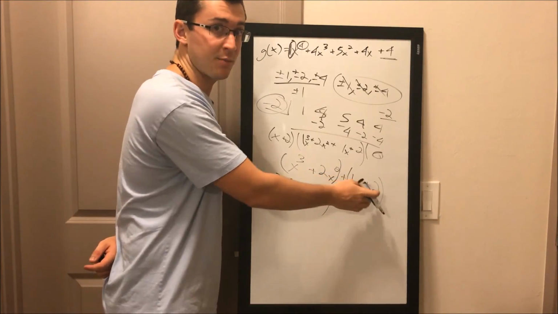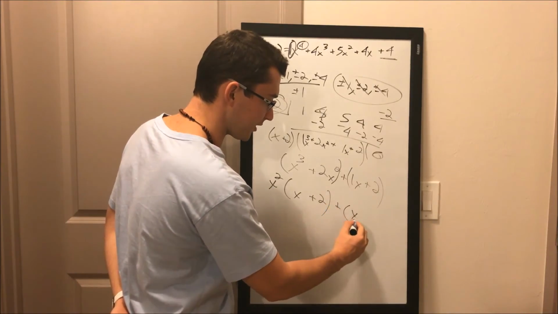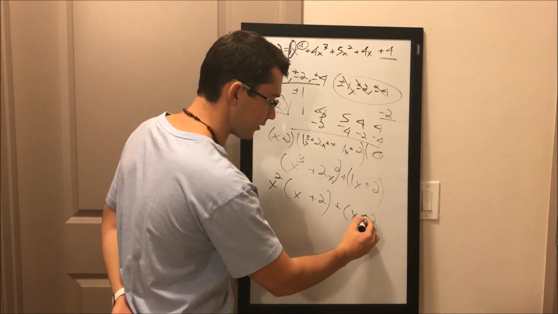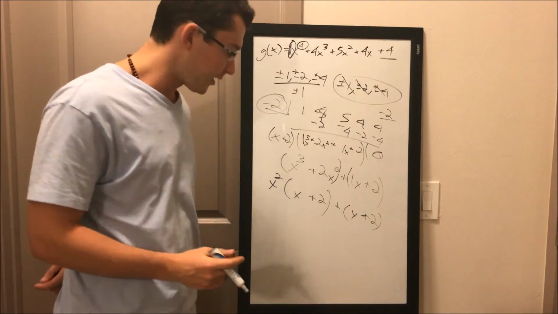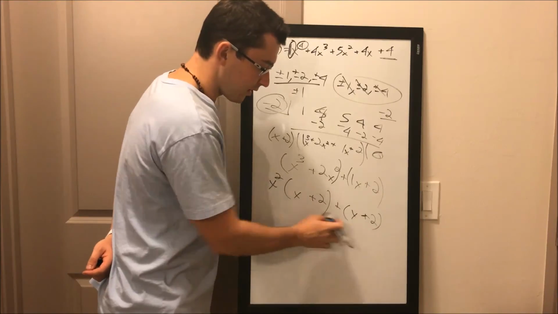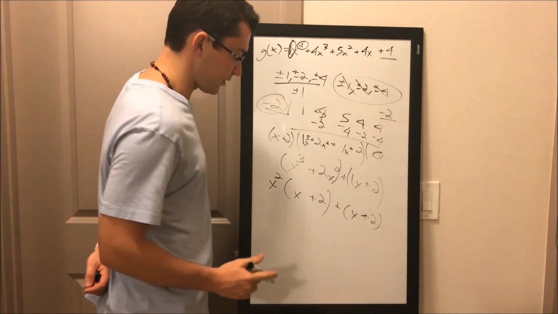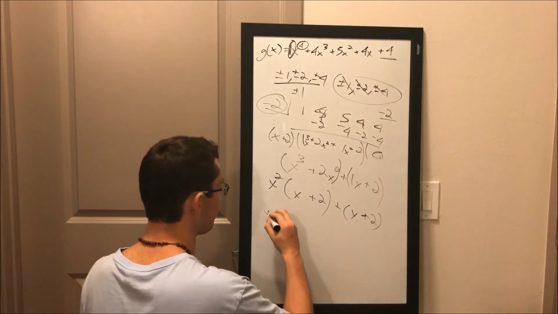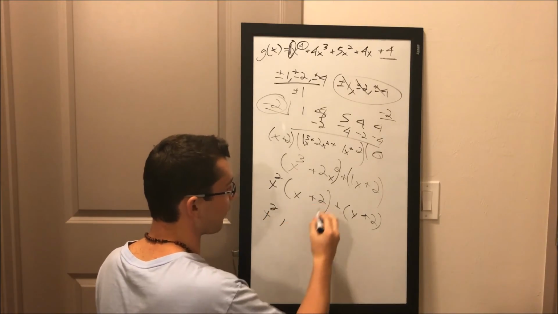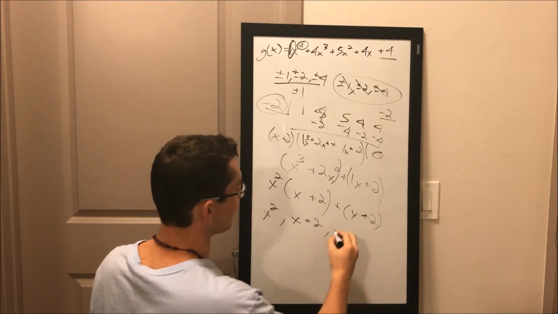Now with 1x plus 2, can I pull anything out? Nope. It just stays x plus 2. Now with factor by grouping, we take the term we took out and one of the multiples. So you see we have a clone here. We just take one of those. So we have x squared, we have x plus 2, and we already took out x plus 2.